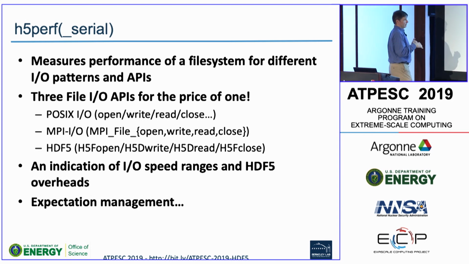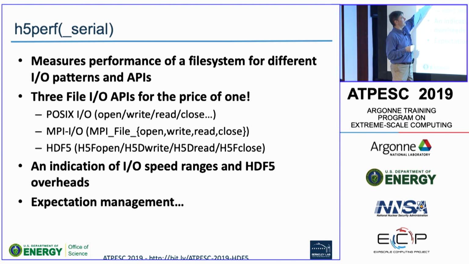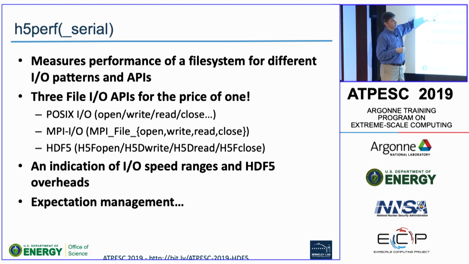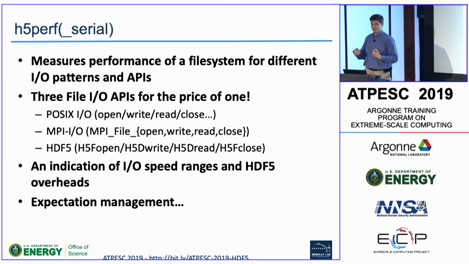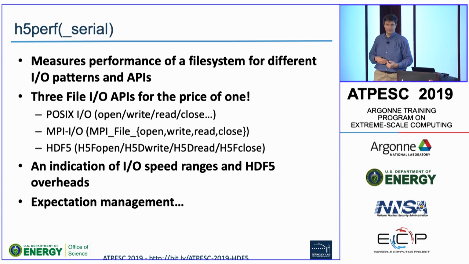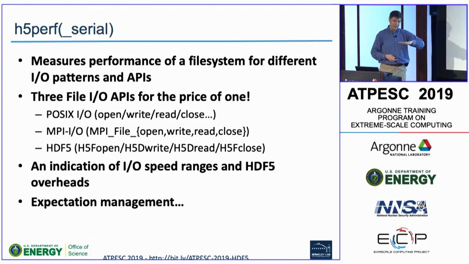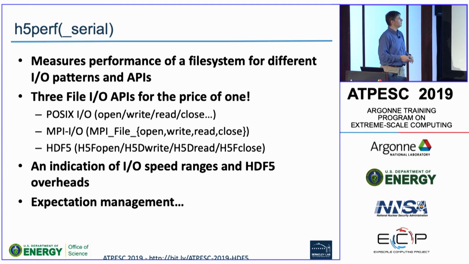Kind of the baselines, right, that you can work from for a high-level library. They're not going to exceed these numbers, probably. We do caching. In certain weird circumstances, we've had to go faster, but that's very strange. And then what, well, if I did the right thing with HDF5 here, what sort of performance should I get out of this file system? Yeah, and again, you're managing your expectations mostly.